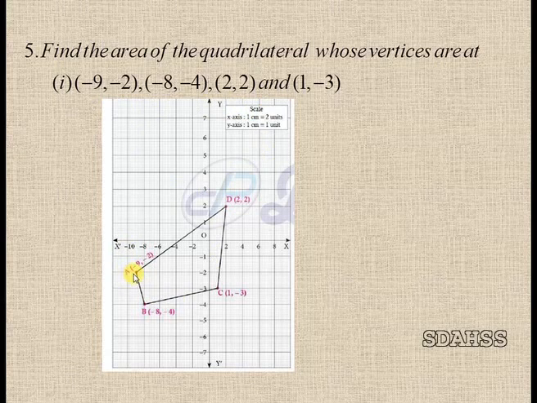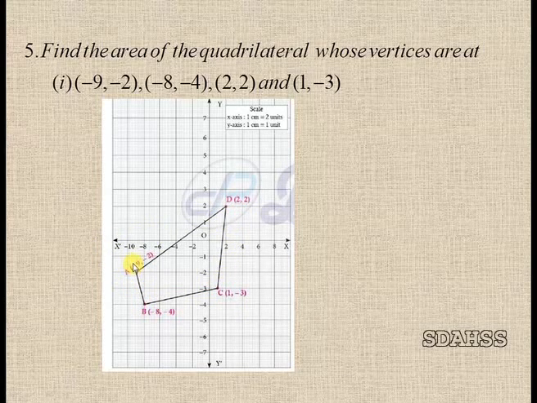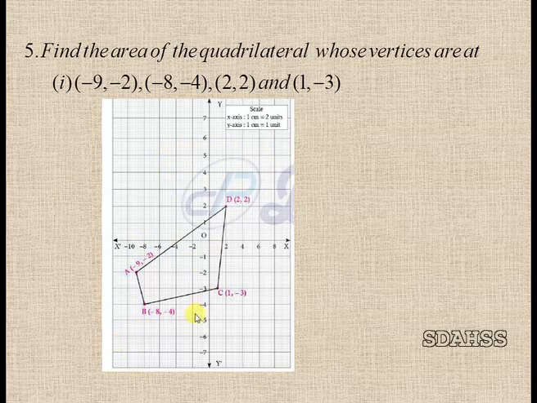First point is minus 9 comma minus 2. Second one is minus 8 comma minus 4. 1 comma minus 3. 2 comma 2. Plot all the points and join them. Afterwards, this is the first quadrant, second, third, fourth.